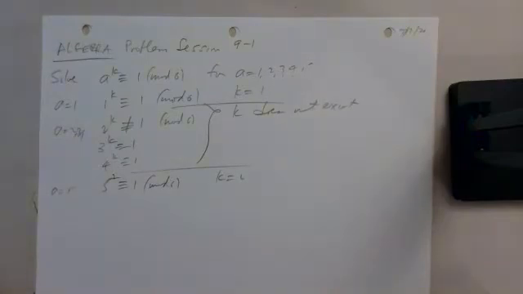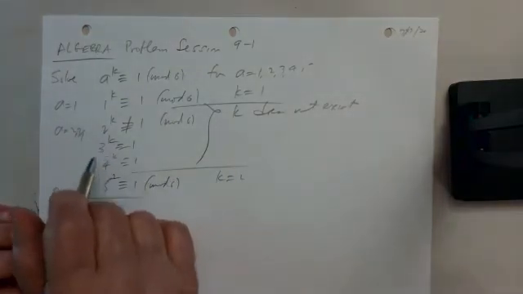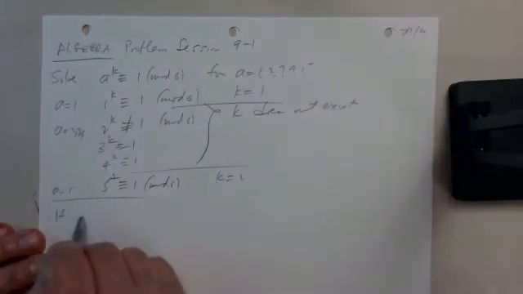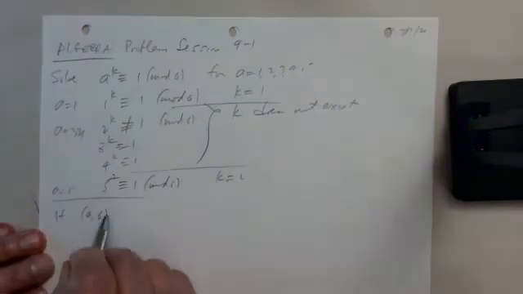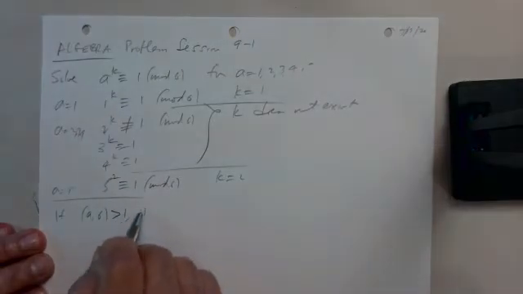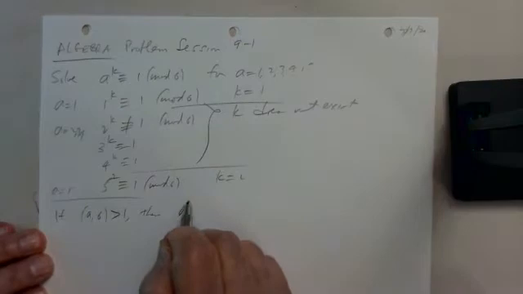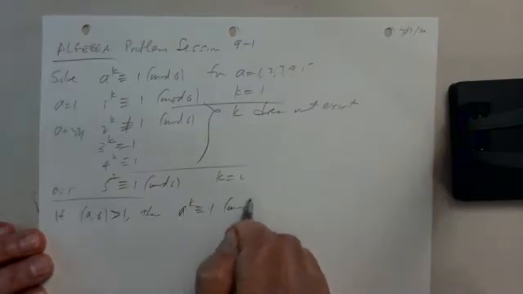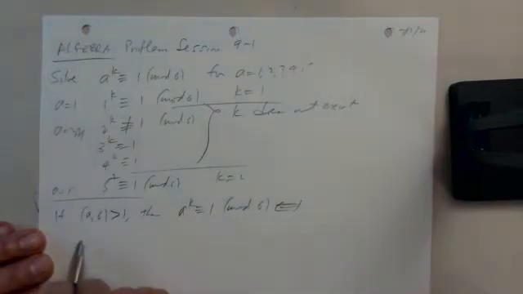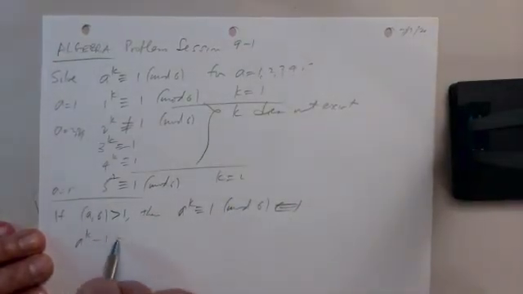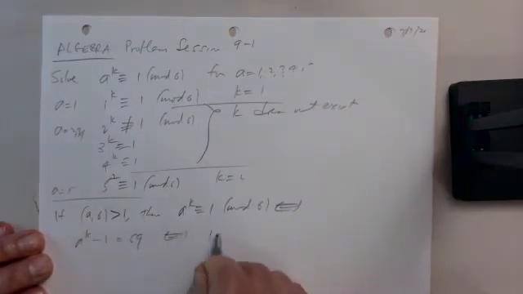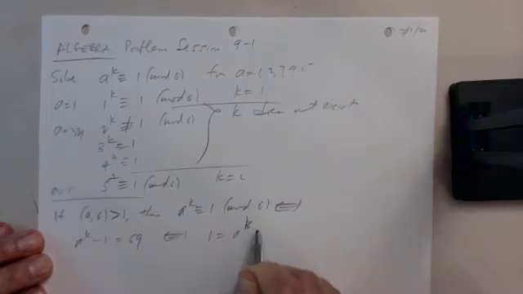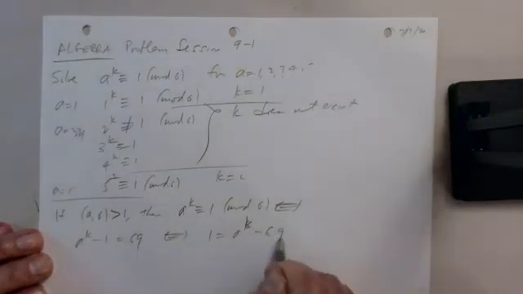Can you explain mathematically what's going on with k not existing? Okay. If the greatest common divisor of a and 6 is bigger than 1, then you can't solve a to the k congruent to 1 mod 6. That means a to the k minus 1 is some multiple of 6, or 1 is a to the k minus 6q.